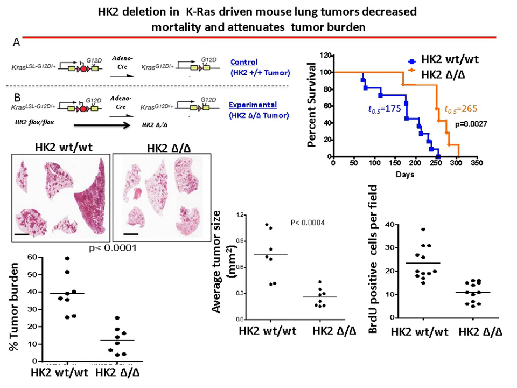So in the control group, only K-ras is activated, whereas in the experimental group, K-ras is activated together with the deletion of hexokinase 2.